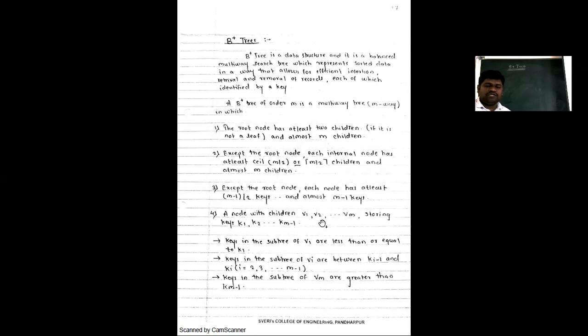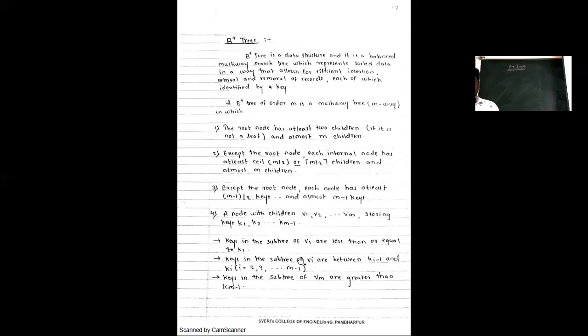And the node with the children v1, v2 up to vm, and storing the key values k1, k2 up to k(m minus 1). Here keys in the subtree of v1 are less than or equal to the key k1, right? So same rule, whatever rule we have used for the B tree, same rule we will use here for the B plus tree also.